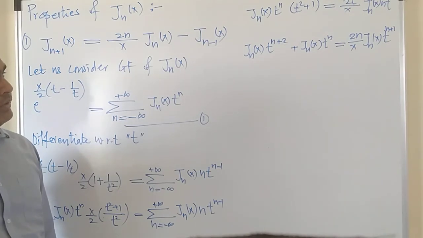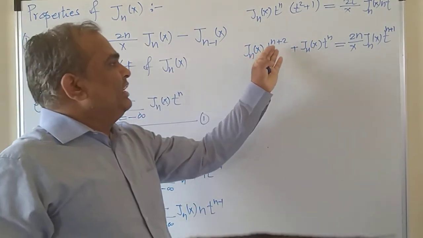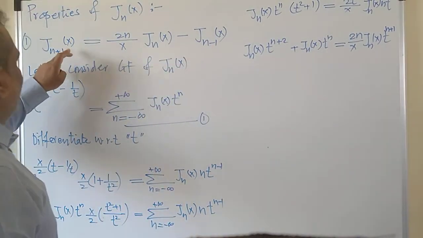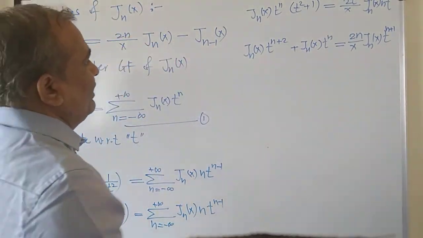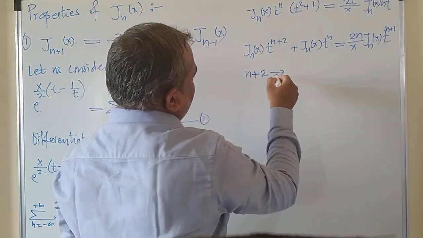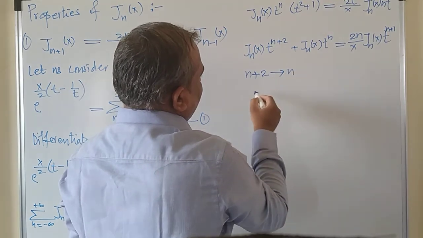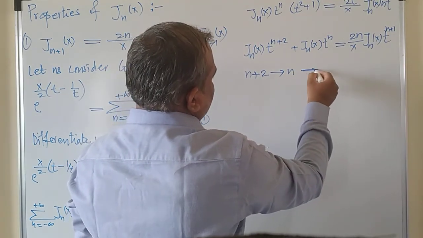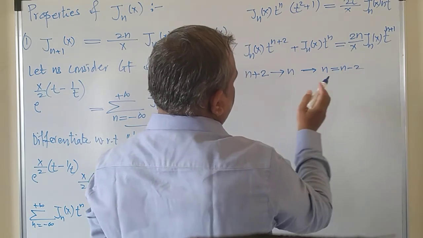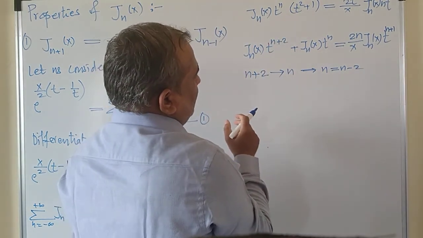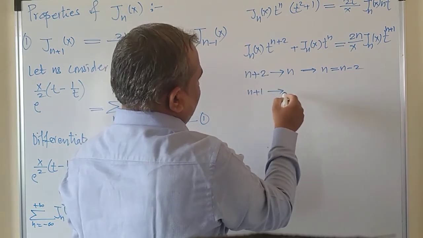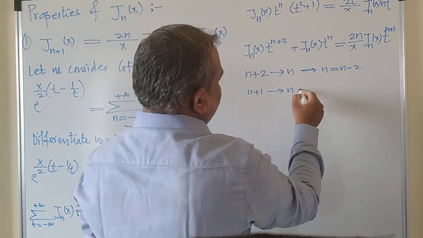Next step is only to make the t raised to power common, t raised to power n, so that t raised to n gets cancelled, because we do not have t raised to n anywhere. And to do that, replace n plus 2 by n, and this implies that you need to put n equals n minus 2 wherever there is n plus 2, and replace n plus 1 by n.